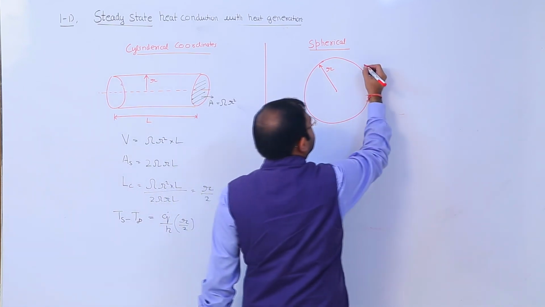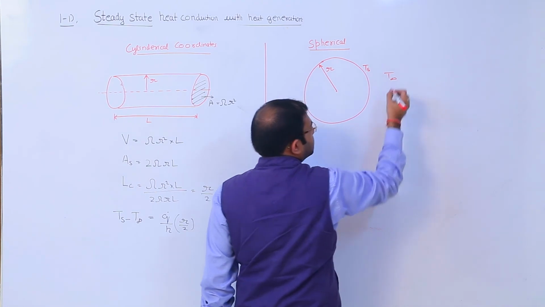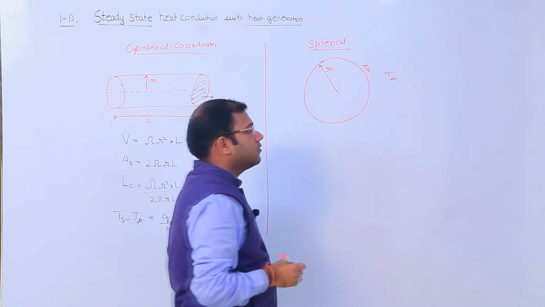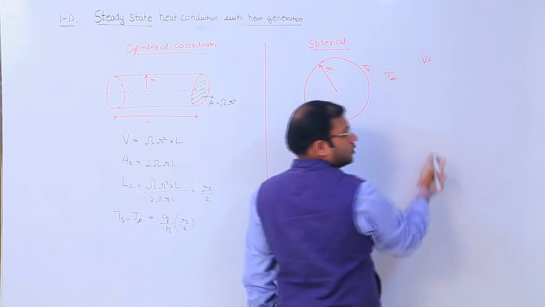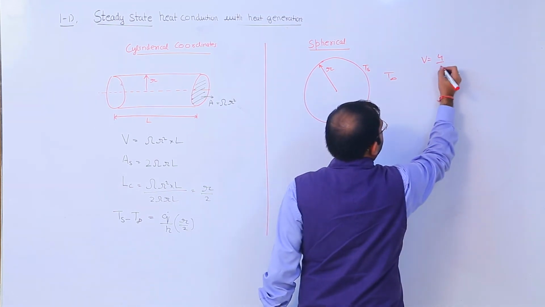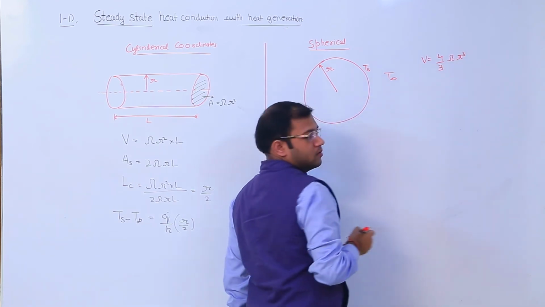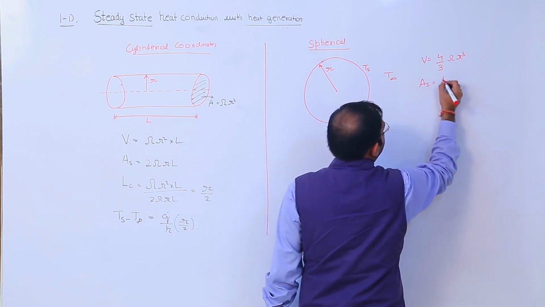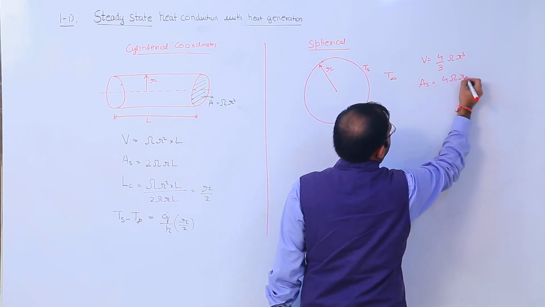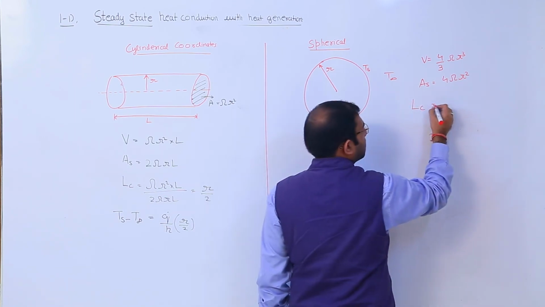So here the surface temperature is Ts, the ambient air temperature is T infinity, fine. So your volume will become equal to 4 by 3 pi r cube, fine, and the surface area becomes 4 pi r square. So what will be the characteristic dimension?